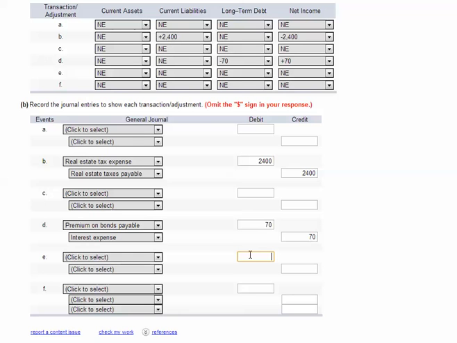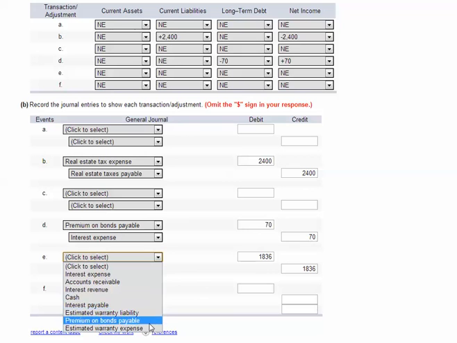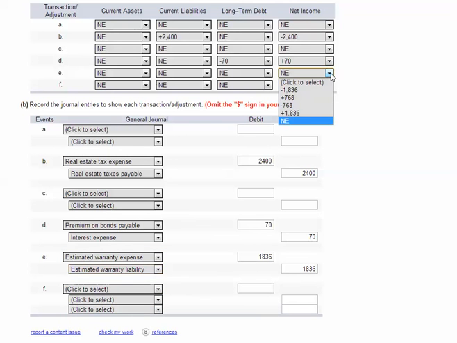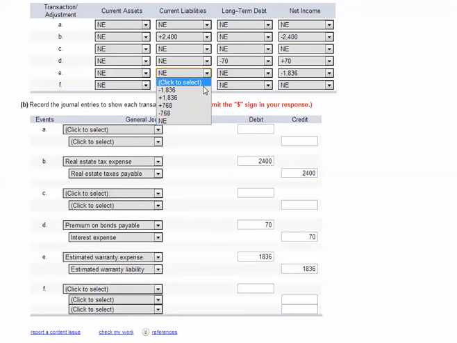And when we do that, we get $1,836. We debit the expense, estimated warranty expense, in the same period when we make the sale, and we credit estimated warranty liability then. So our net income is going to decrease by $1,836, and our liabilities now will increase by $1,836.